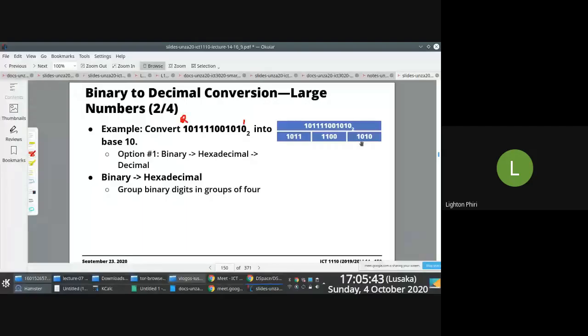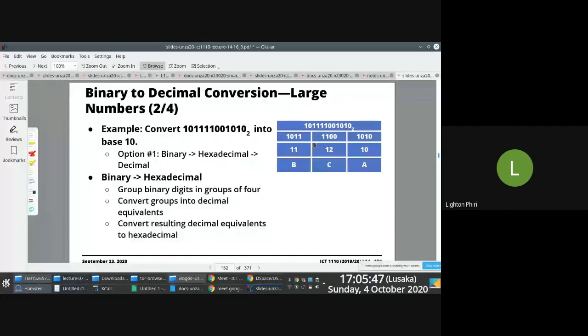I'm going to split up the number into groups of 4s like so, right? Once we split them into groups of 4s, we're implicitly converting to hexadecimal, and then we go through a process of converting a hexadecimal number into decimal. It's much easier because what you'll be working with now is powers of 16: 16 to power 0, 16 to power 1, 16 to power 2. That's it. It makes life a lot easier. But as earlier mentioned, whatever works for you, I suppose.